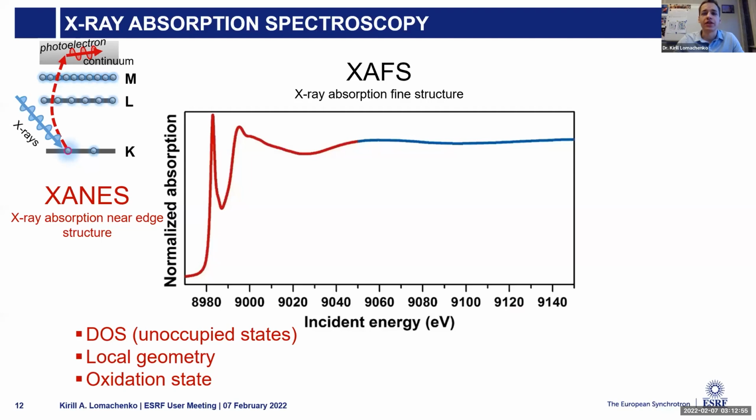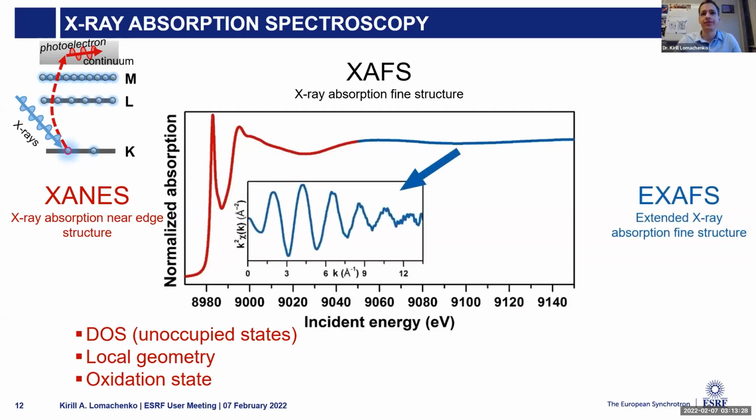In the soft X-ray community, sometimes people call it NEXAFS, near-edge X-ray absorption fine structure. So it's basically XANES and NEXAFS, the same thing. And it's basically a reflection of the density of unoccupied states of your absorbing atoms. And these spectra contain information about local geometry and the oxidation state of the absorbing species.